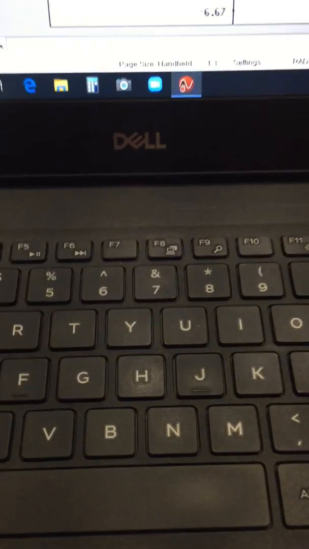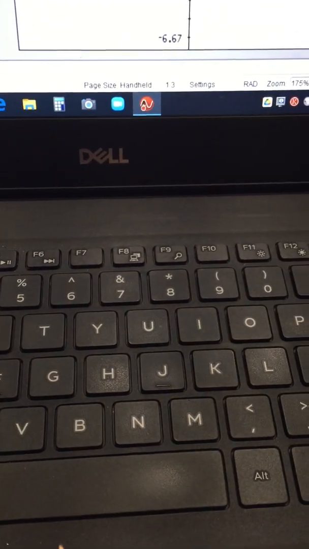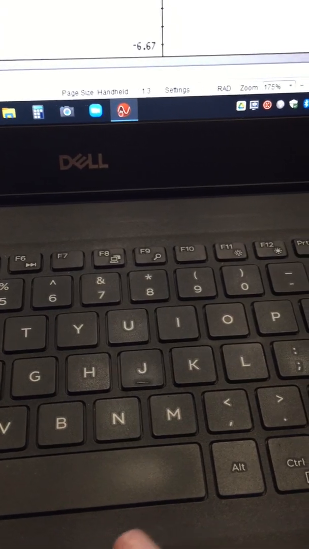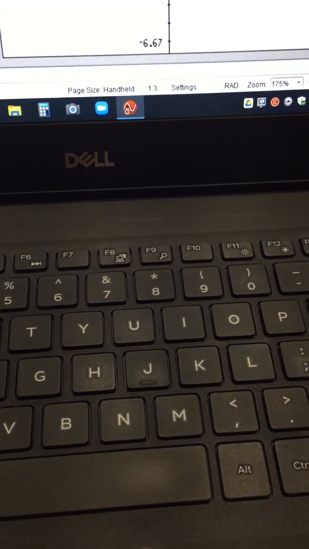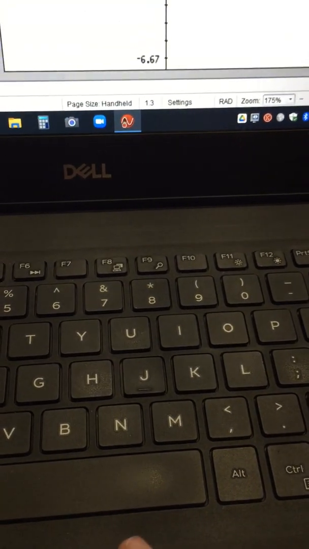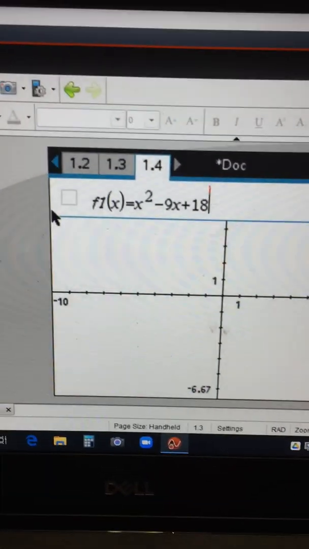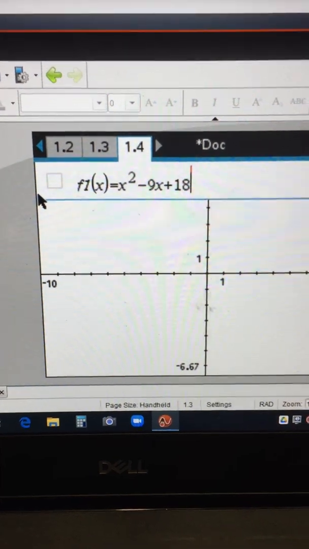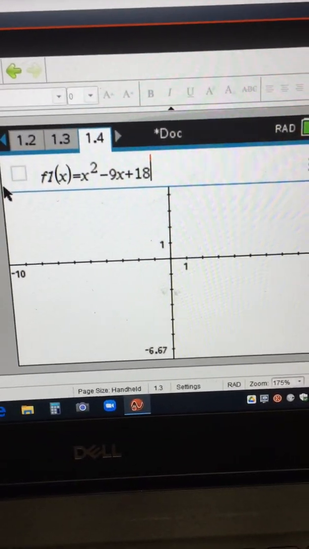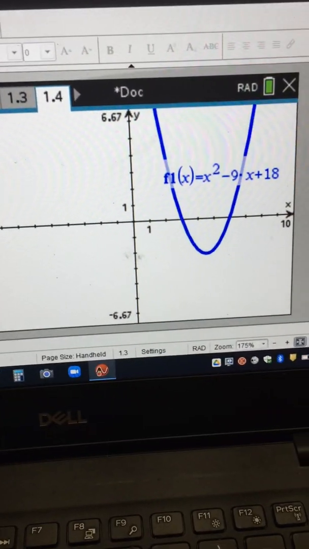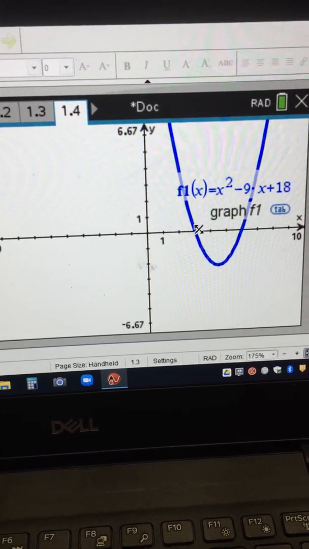X squared minus 9x plus 18. Okay, so there's the equation typed in. Y equals x squared minus 9x plus 18. And then I can hit enter, and it's going to graph this. Okay, now I want to know exactly what these two numbers are, what's crossing the x-axis, so put it in trace mode.